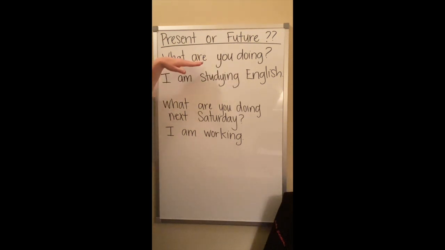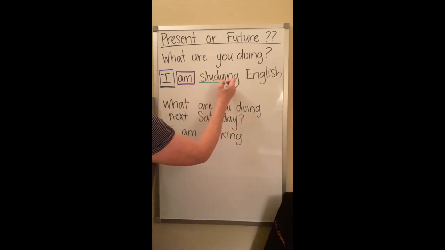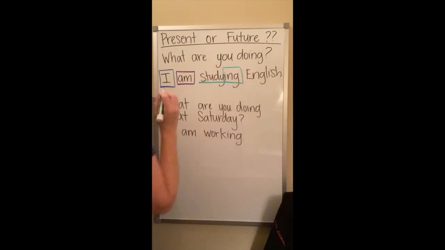And we know that our questions always have to match with our answers. And so we have done that in this sentence. This sentence says, I am studying English. And again, we have a subject. We have our verb to be, which is am in this case. Then we have our verb study, which has ing at the end of it, which is our form for present continuous.